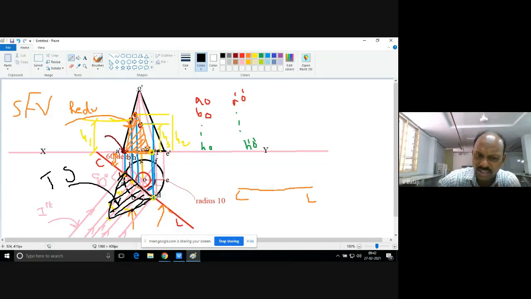So the logic here is, whatever points you are getting in the front view, 1, 2, 3, 4, 5, you need to note down the heights: first one is H0, next H1, H2, H3, lastly again H0. Okay. So you note these down with your compass. Same things you need to cut on the projectors, perpendiculars drawn. Automatically you will get the required points, join them with a smooth curve, and draw hatching lines.